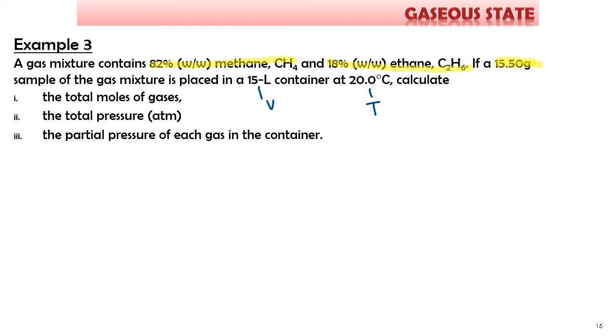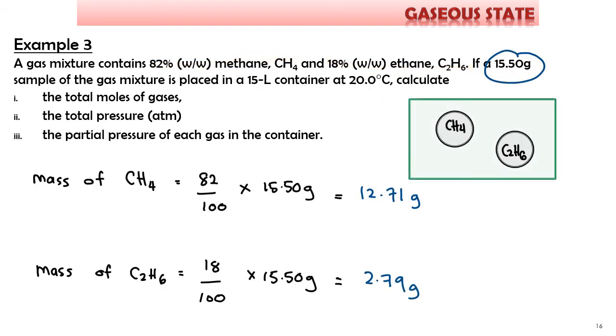Okay, so you can use the information. Okay, so 82% for CH4, so 82 divided by 100 times with the mass of sample 15.5 grams, so the mass for CH4 is 12.71 gram, and then for C2H6 the mass is 2.79 gram.